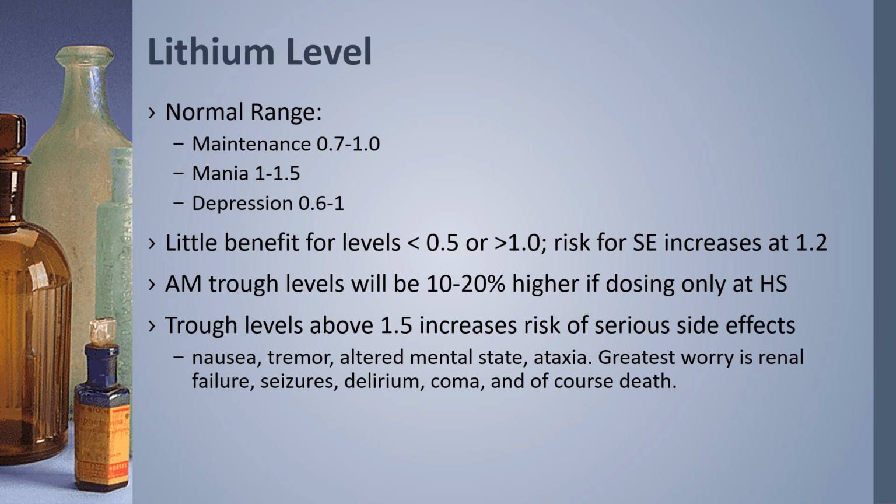But 1.2 is probably about the highest that we really want to go, because anything over that is really going to put folks at a significant increased risk for side effects. Research has shown that there really isn't much benefit maintaining at a level lower than 0.5 or a level higher than 1. So that's the range that we want to stay in. But again, if we're really looking for that true range, it's 0.5 to 1.2 that's the cutoff.